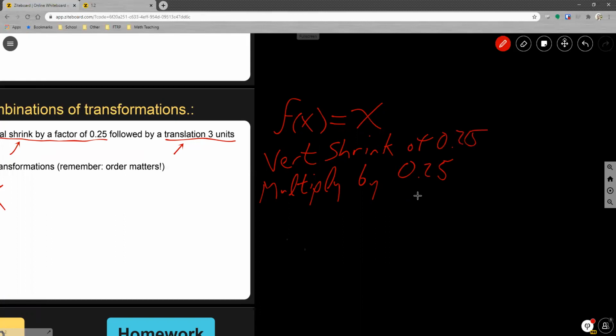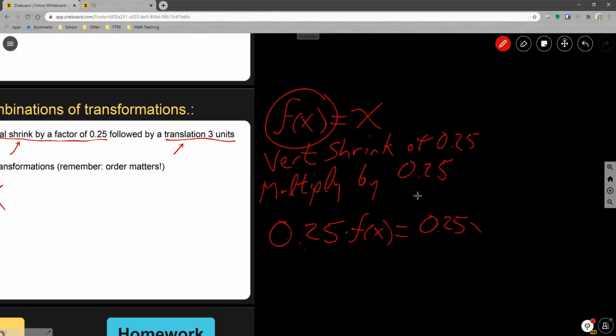So if I'm doing a vertical shrink of 0.25, I'm multiplying the entire function by 0.25. So first, step one is going to result in 0.25 times f of x, which is going to equal 0.25 times x, or 0.25x.